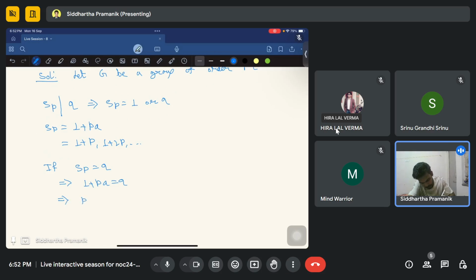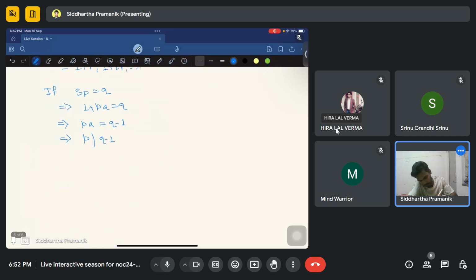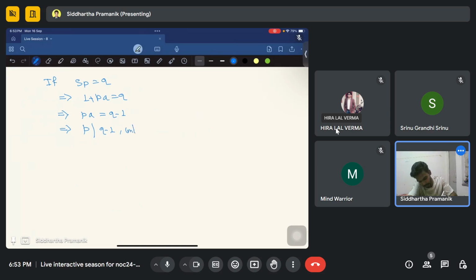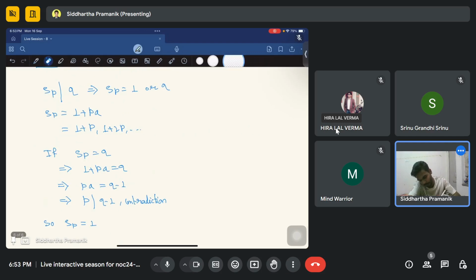So pa equals q minus 1. So p divides q minus 1. But this is not possible, right? Because we have assumed p does not divide q minus 1. So this is a contradiction. So s_p is equal to 1.